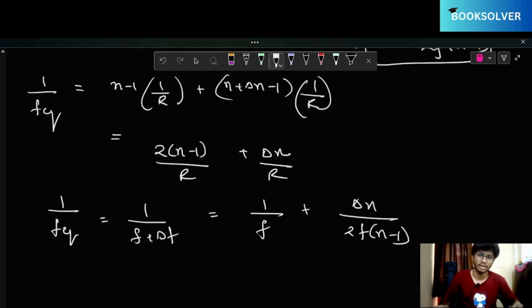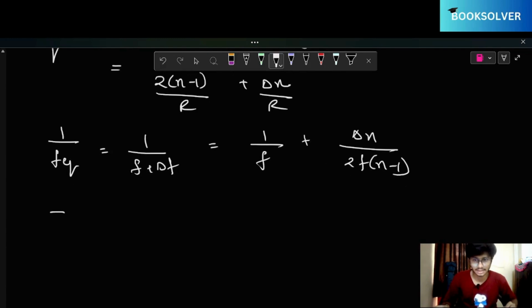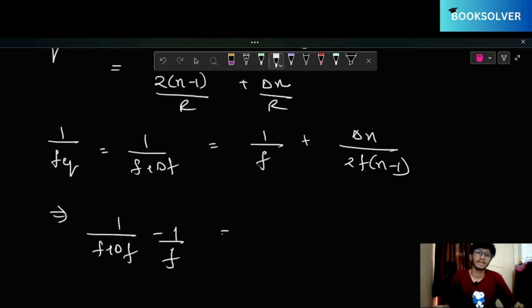So 1 by F plus delta F minus 1 by F is equal to delta N by 2F into N minus 1.